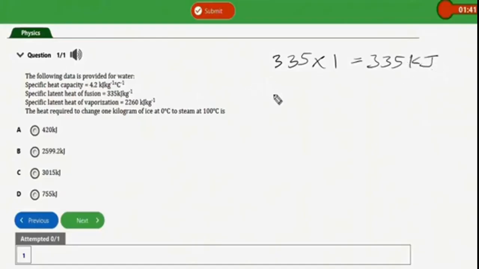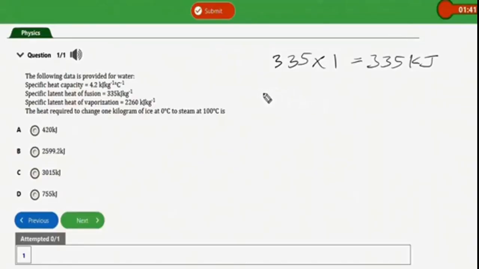Now the next thing will be to get the heat to raise the temperature from 0 degrees Celsius to 100 degrees Celsius. But before we do that, specific latent heat of fusion is simply the amount of heat energy required to change a substance from the solid state to a liquid state.